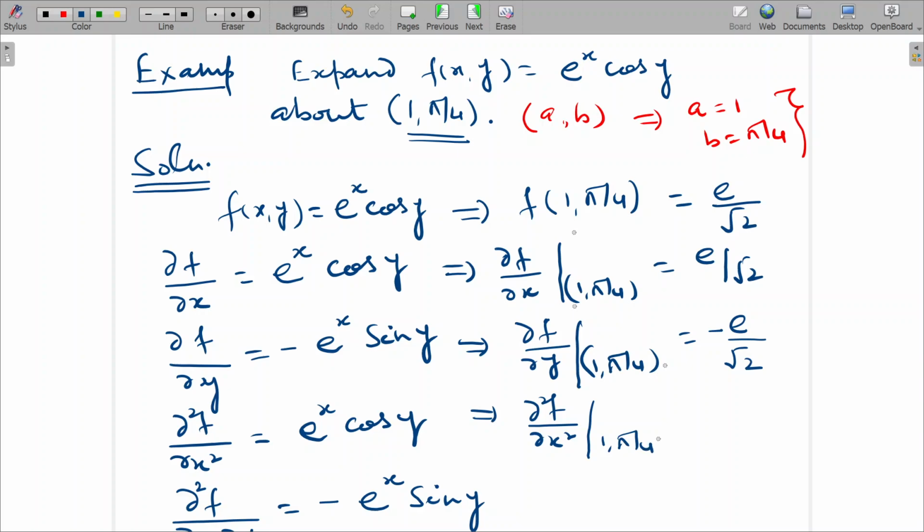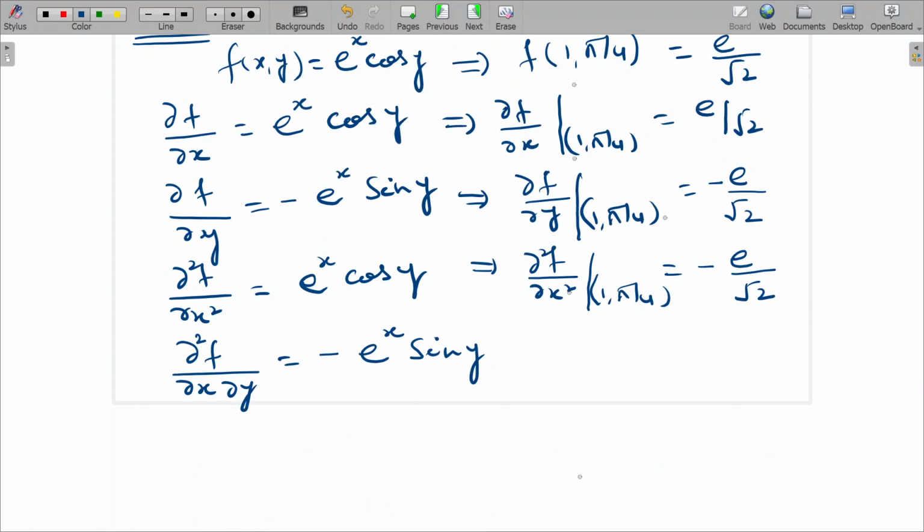So this will be ∂²f/∂x², and the value at (1, π/4) is minus e over root 2, and next we will find the derivatives. The next derivative is ∂²f/∂x∂y, and the value at (1, π/4) is minus e root 2.